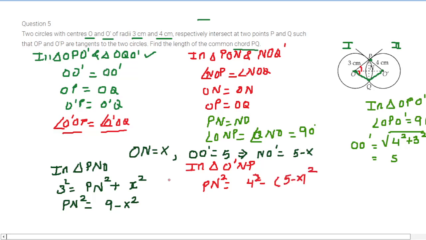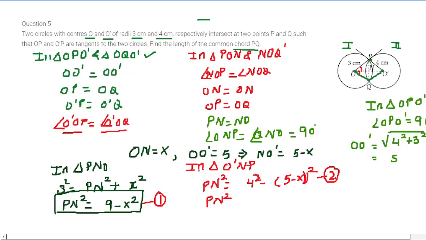Let's call this equation 1 and this equation 2. We have got that PN square is this and PN square is also this. So it means these both are equal.